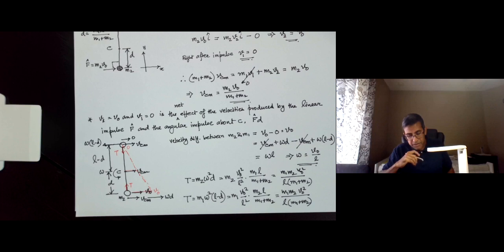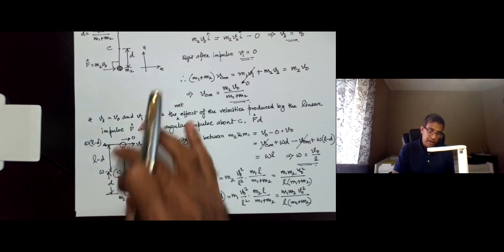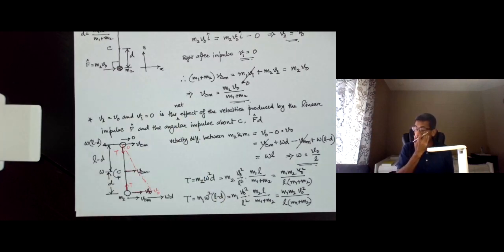Now there is another way to look at this problem of finding the tension. It can be a little bit confusing when you get to calculating the tension, because one can think that this tension should be calculated as m2 times V naught squared over L, or omega squared times L, because the particle m1 does not have a velocity at that instant.